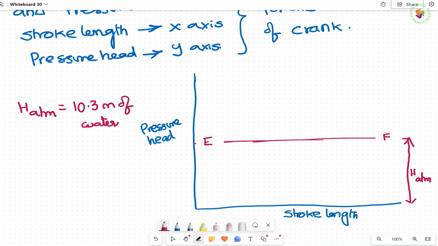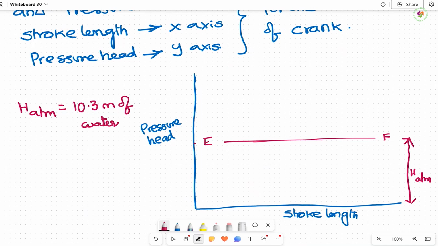This other line represents absolute vacuum, that means zero pressure head, and this is 10.3 meters.